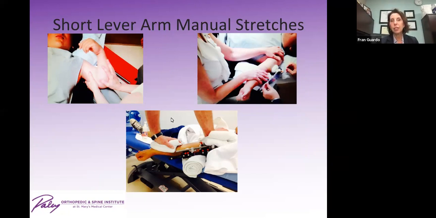So you can see in this, we've got our hands right there at the joint. So in another population, you might bring your hand down to their wrist, and that's a much longer lever arm. We really discourage that when you're dealing with a lengthening patient.